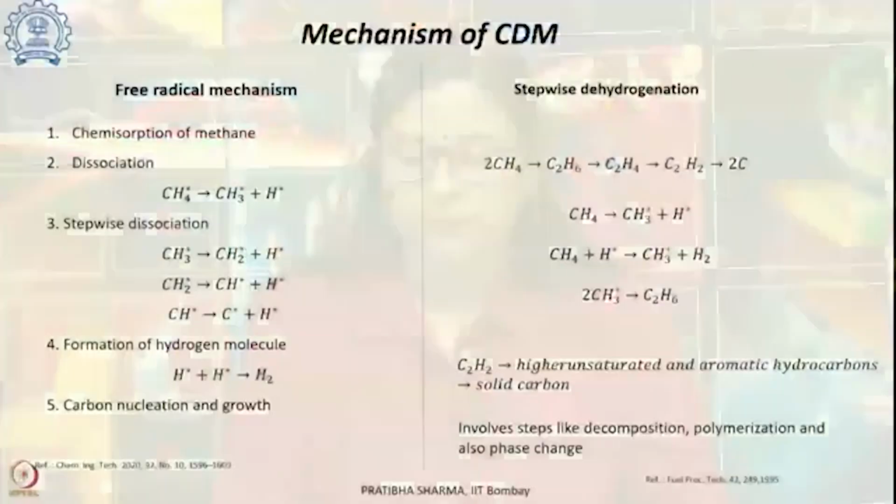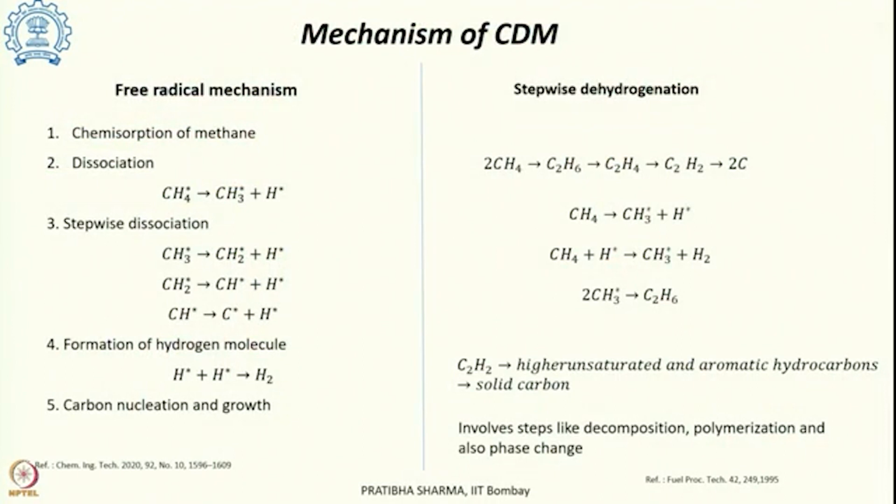Now, if we look at the mechanism of the catalytic decomposition reaction, also written in short as CDM, there are two different mechanisms proposed. One is the free radical mechanism.